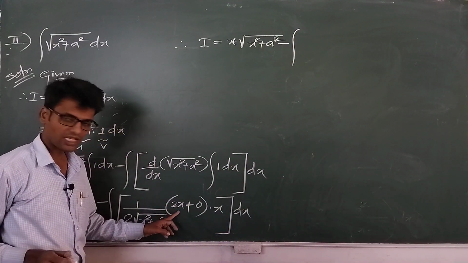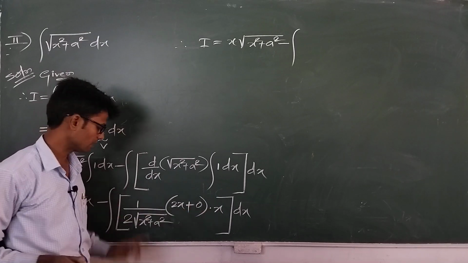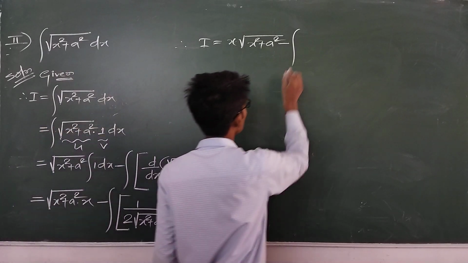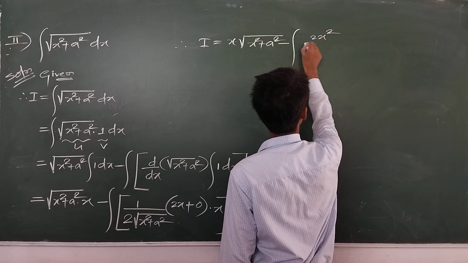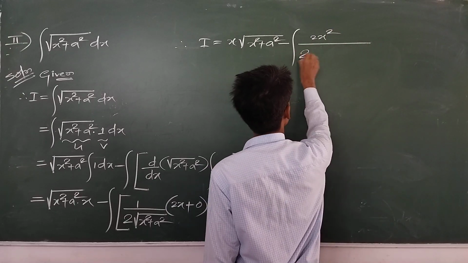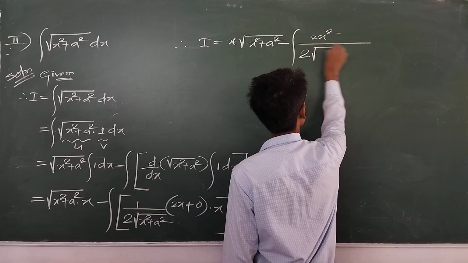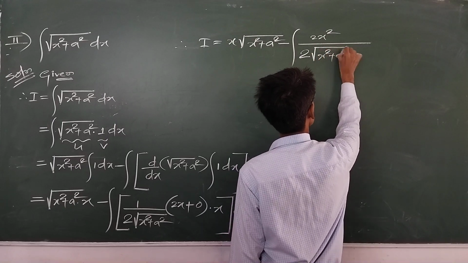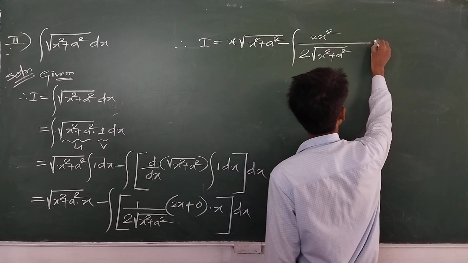So 2x plus 0 is 2x, 2x into x is 2x square, 2x square into 1, you write 2x square divided by 2 into square root of x square plus a square into dx.